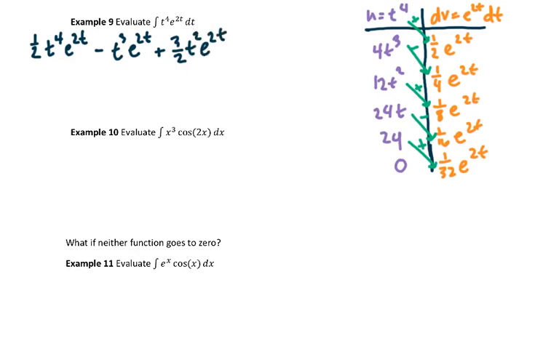This brings us to the 4th term, so 24t, a negative sign, and 1/16 e to the 2t. So minus, and then 24 over 16 is still going to be 3 over 2, t e to the 2t. And then last but not least, 24 over 32 e to the 2t with a positive, so that's going to be 3/4 e to the 2t.